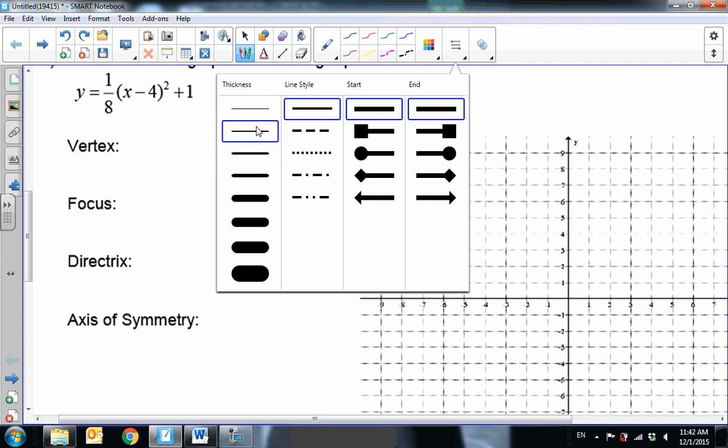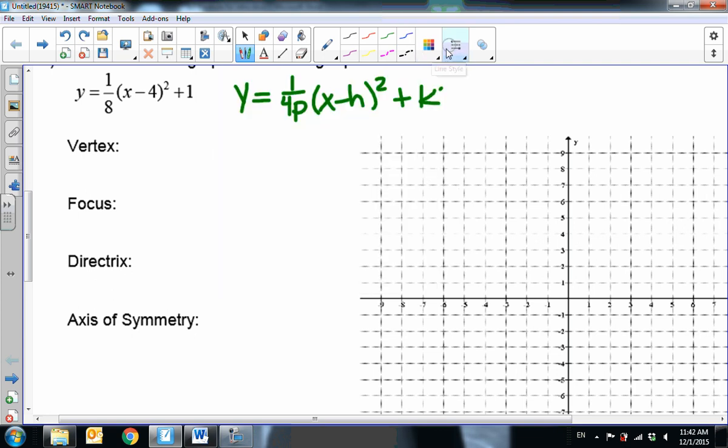So, what is our vertex? 4, 1. Good. All right? Let's do our easy one first. Here's our vertex. So what is our axis of symmetry? That's the one we've been used to doing.